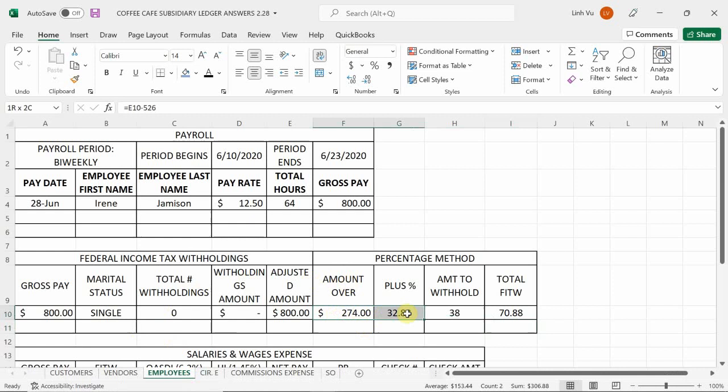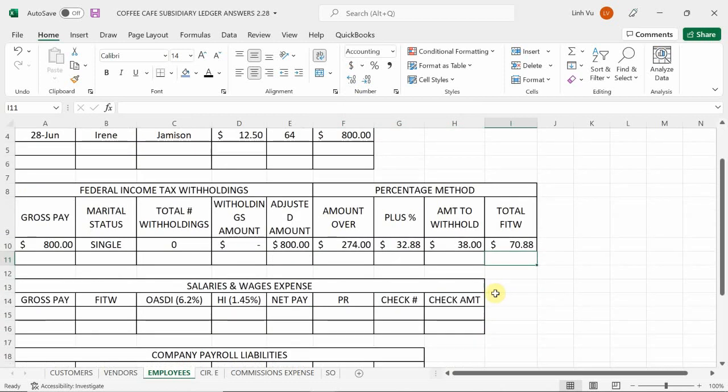Of course, because she didn't claim any children, there are no more extra things to be withheld from her paycheck. So she has to pay $70.88 in federal income tax withholdings.